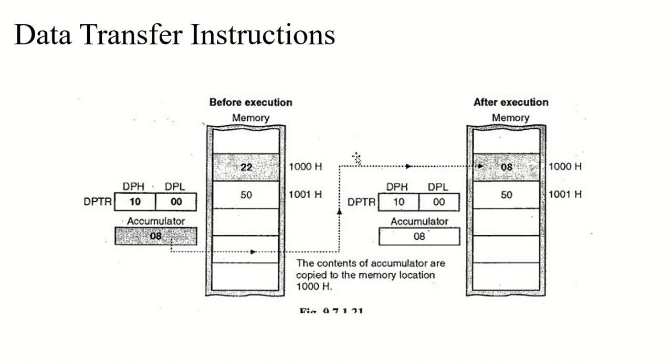Before it had 22, now it will have 08, which was stored in the accumulator. Again, a simple one. After execution of the instruction, the content of the accumulator remains unchanged. There is no change in the content of the accumulator.